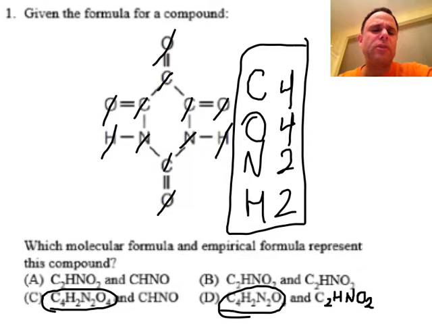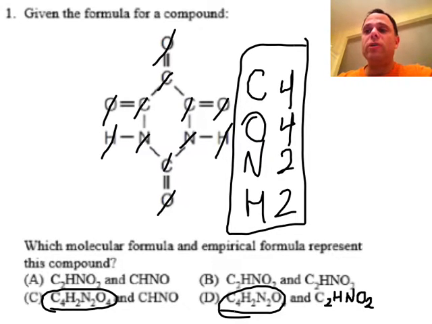Now, in looking at this question, I do realize that it did copy incorrectly, and you'll see here that I hand wrote in some of the choices. And now we have to relate to the empirical formula, and the empirical formula is the simplest whole number ratios.